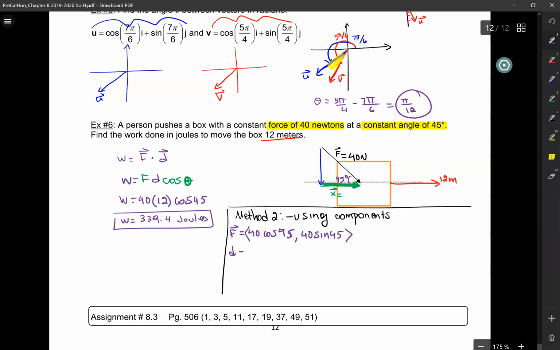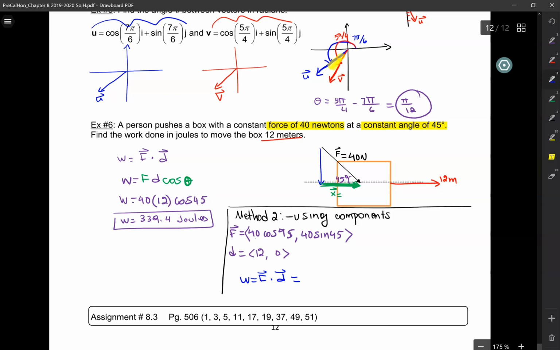And then what's the component form for the distance? 12 comma 0. So now, if I were to find work as force times distance, and do a dot product, how would that work?